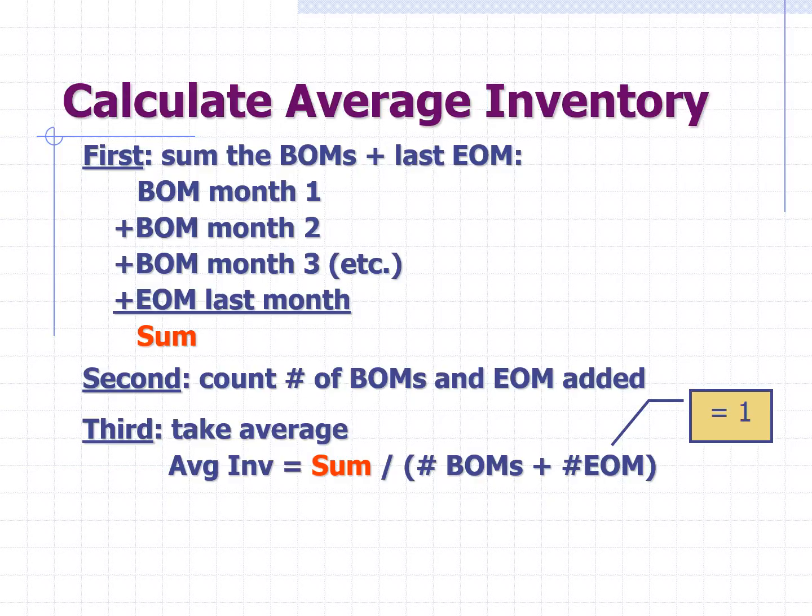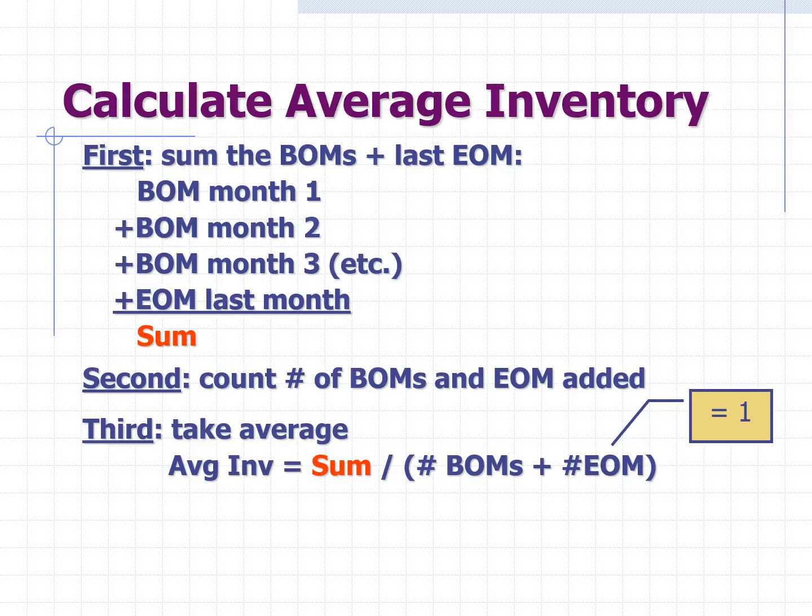So when we try to calculate how much average inventory we have, the first thing we do is sum all the BOMs in the period and the last month EOM. We don't add all the EOMs for every month because the EOM of a month is the same as the BOM of the following month. So when we add in the BOM of the following months, that basically takes into account the EOM of the previous month, right? So for EOM, we only look at the last month EOM, okay?